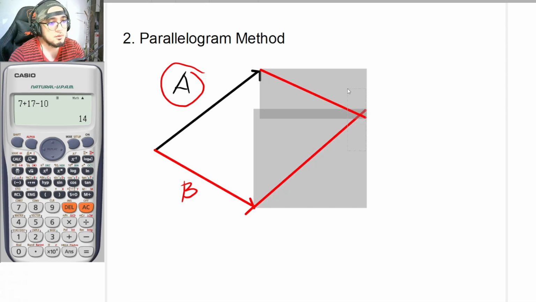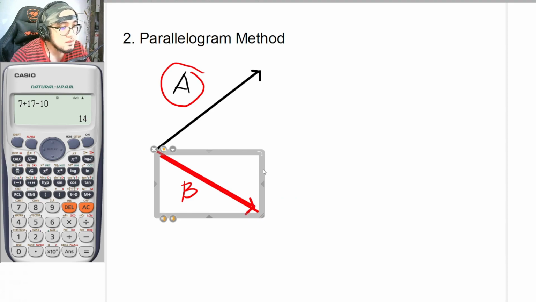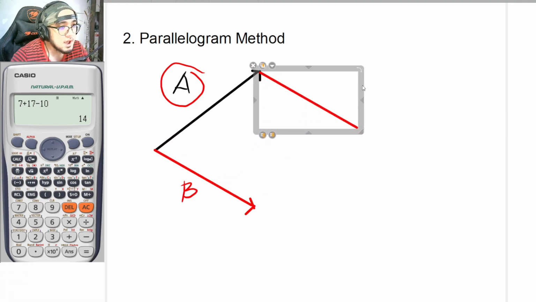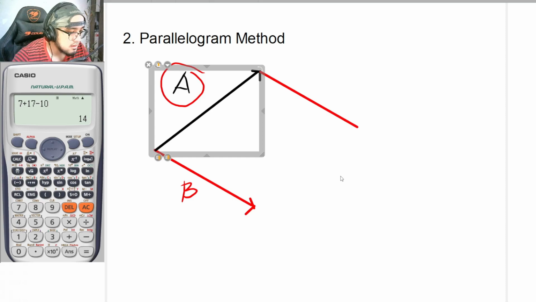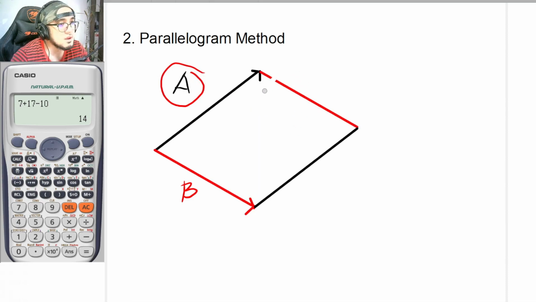For the accuracy of my drawing, I will just be copying this. So this is my imaginary side, as well as for this. I will just be erasing a portion of it to indicate that this is just an imaginary line. So there, we now have an imaginary parallelogram.